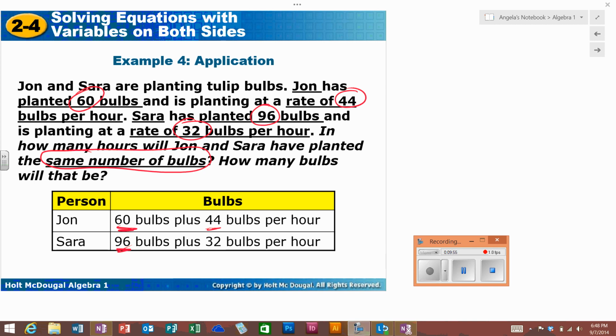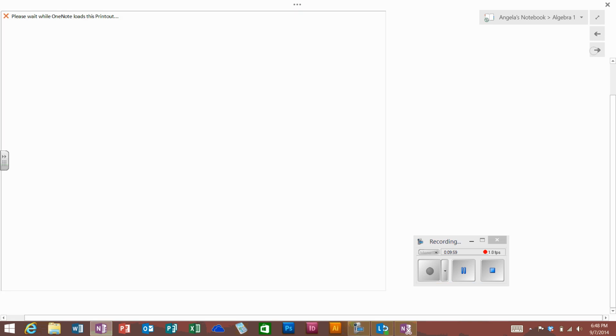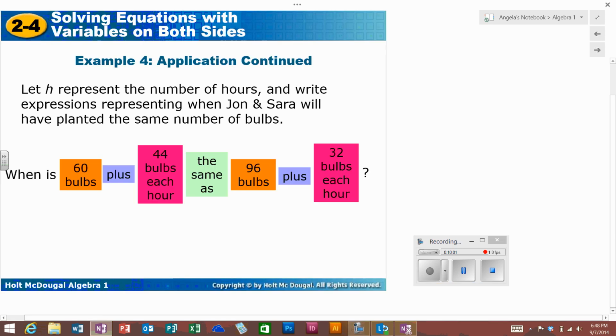So we are going to pick up now from the amount that they've already planted. Okay, we want to know when will the 60 bulbs that John has planted plus 44 per hour be the same as the 96 bulbs Sarah's planted plus the 32 per hour.